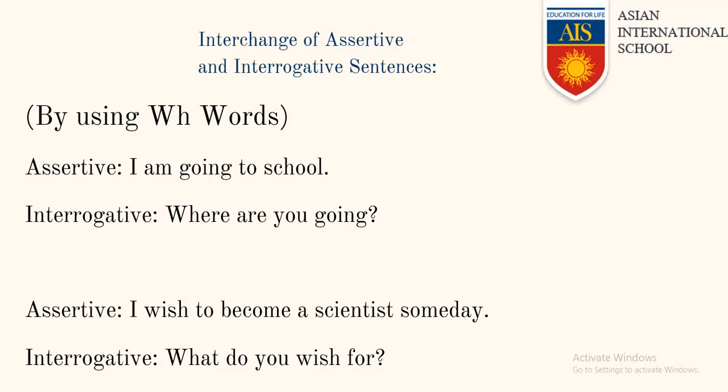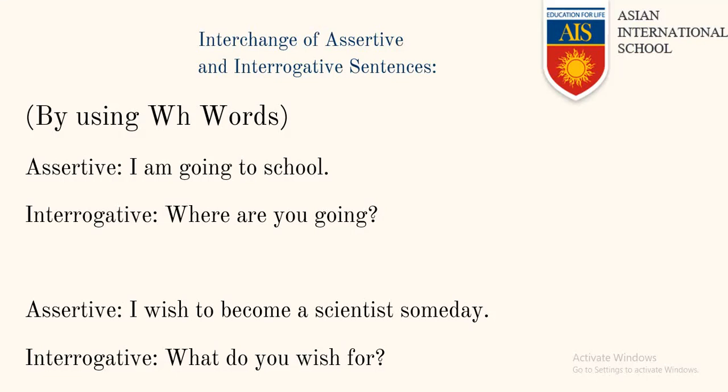In the first example, you can see, I am going to school. If we are about to make it interrogative by using WH words, how are we going to do it? We will be asking, where are you going? And the answer should be, I am going to school.